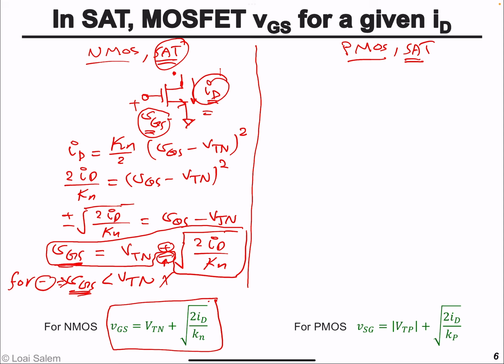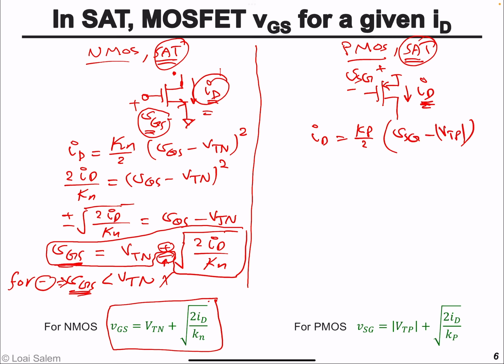For the PMOS transistor, let's assume we have a specific ID current flowing from source to drain, and we need to find the corresponding VSG that will produce this current. Say this current is 50 milliamp, and we need to find the corresponding VSG. Assuming the PMOS is in the saturation region, ID is equal to Kp divided by 2 times the absolute value of VSG minus VTP, squared.